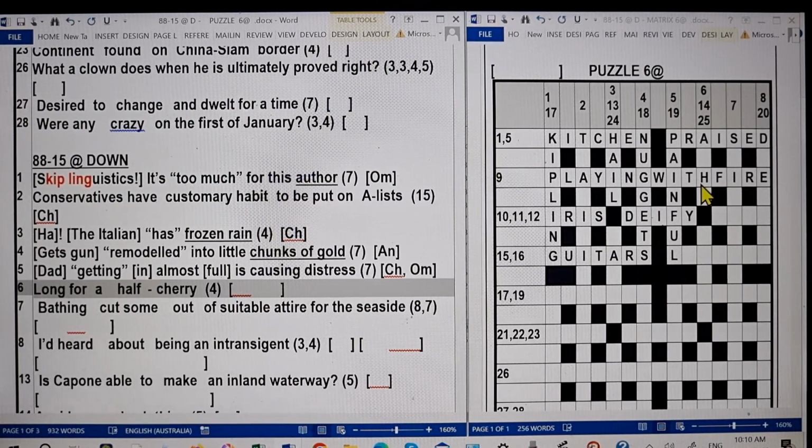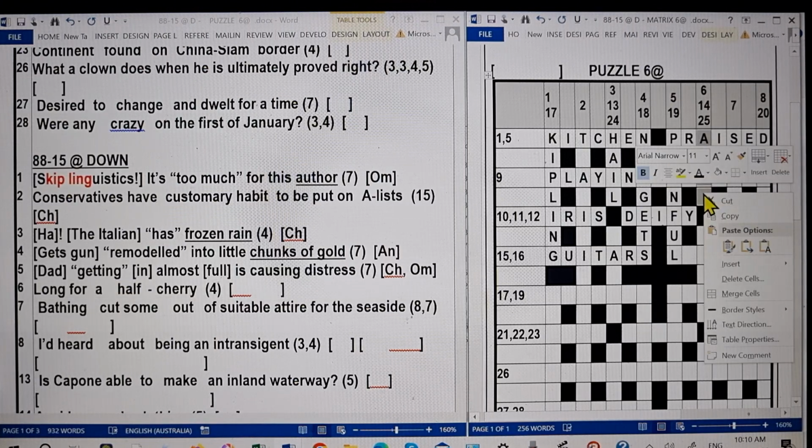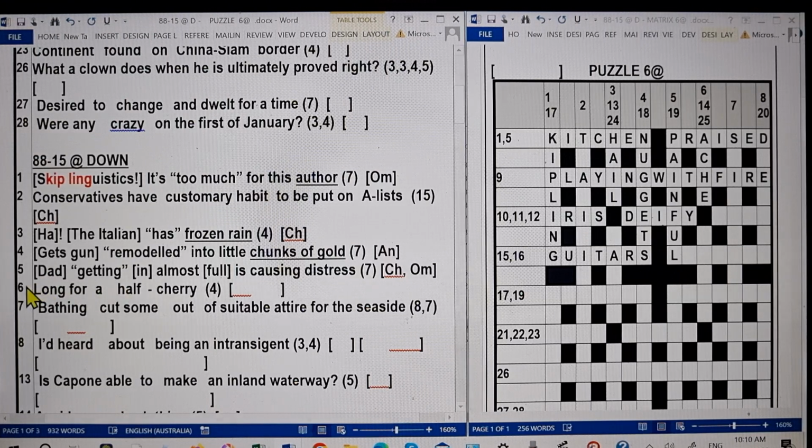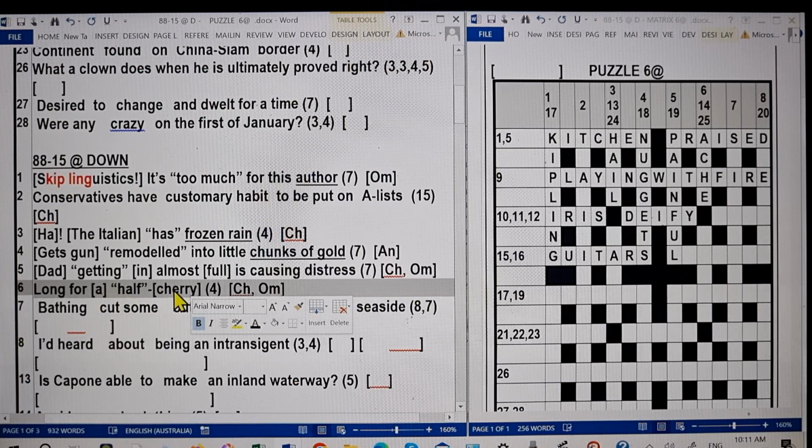How did you go? Got it right? All right. The answer to that is ache. Why is it ache? 6 down says long for a half cherry. Why is it long for a half cherry? Well, the key is long for, of course. And so what we have is a charade of the A with half a cherry.